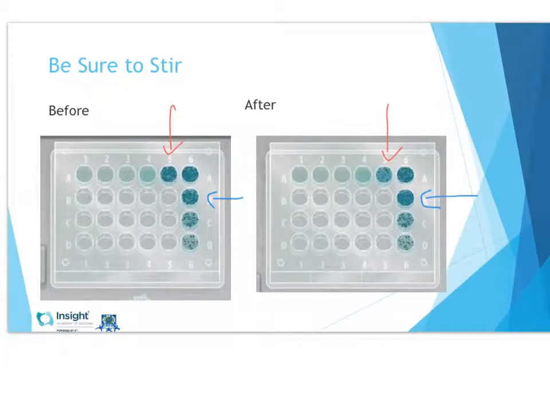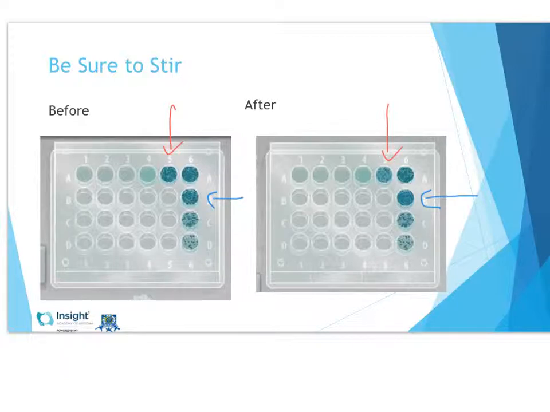The other thing I want you to do is make sure that you stir all of your samples, because I noticed that upon stirring, it actually did change what things looked like. So this is my data from the first set. If you notice in row A, well number 5, after stirring, it actually looked like there was less precipitate in there.